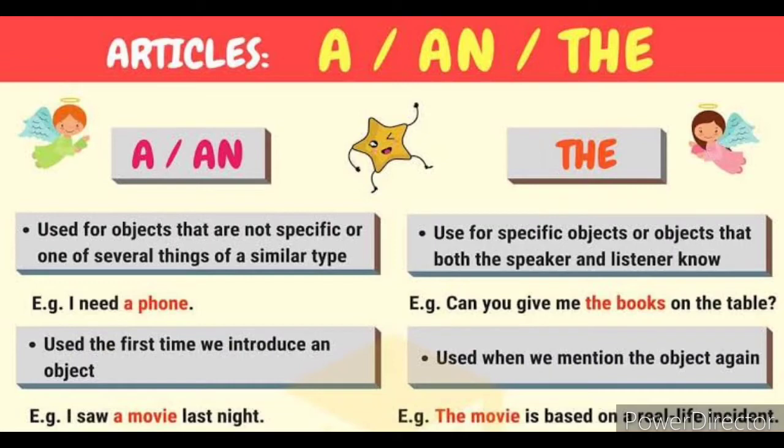Look at the example here. The movie is based on a real life incident. So the movie is the specific object we are mentioning, that particular movie. In such a case we need to use the definite article the.